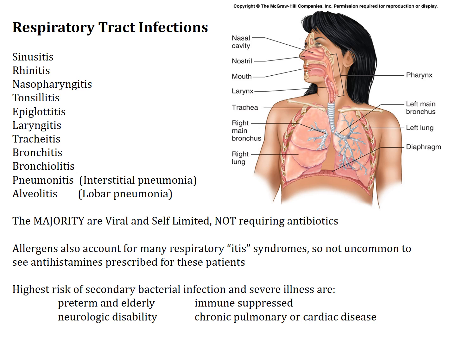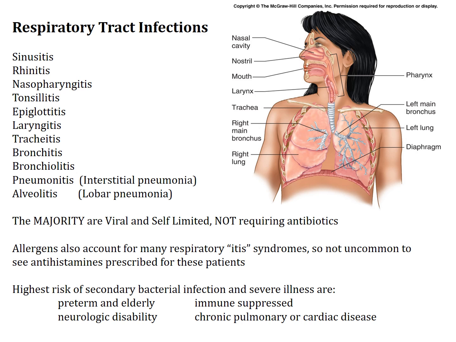And we're going to talk about the difference between interstitial pneumonia and lobar pneumonia as we go through these infections. Again, important: a lot of these are viral, a lot of these are self-limited, and most of these are not going to require antibiotics. You got to be careful with some people, though.